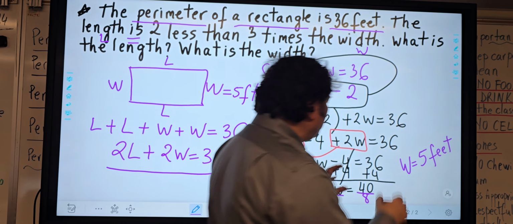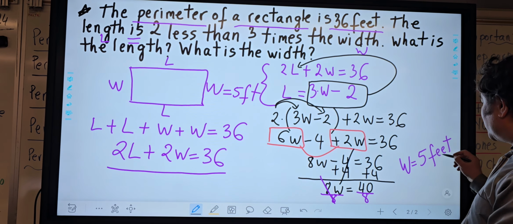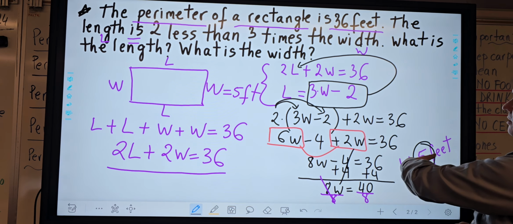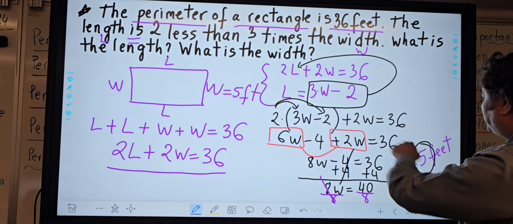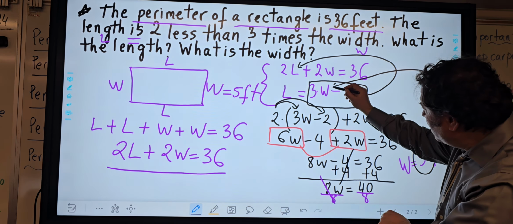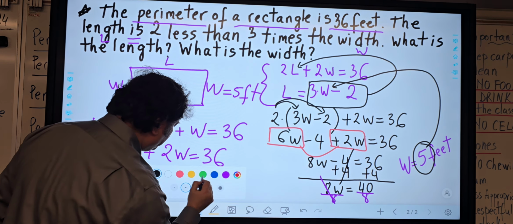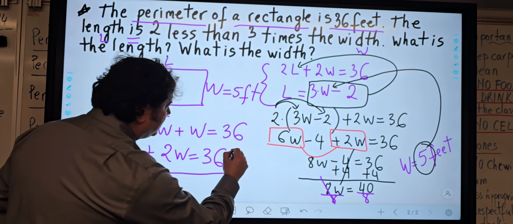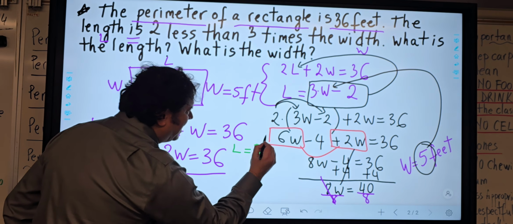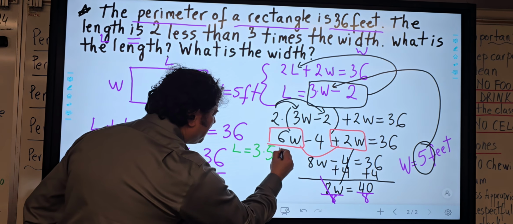So now, once we get the W, we are going to substitute the 5 into one of the original equations in order for us to get the L. So let's substitute this 5 into this W, the bottom equation. Now let's solve for L. So now we have L equals 3 times, instead of W, we are going to replace it with 5, minus 2.